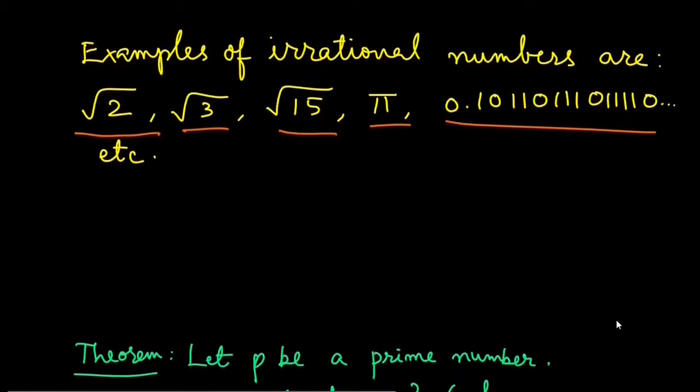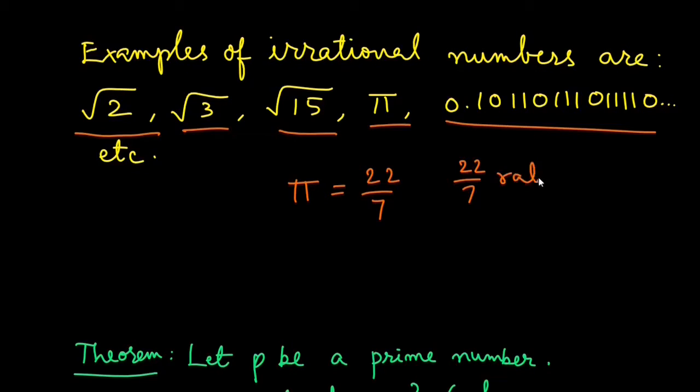Sometimes people think that pi is a rational number because we know pi is equal to 22 by 7, and 22 by 7 is a rational number. Some people think that pi is also rational, but pi is not rational.